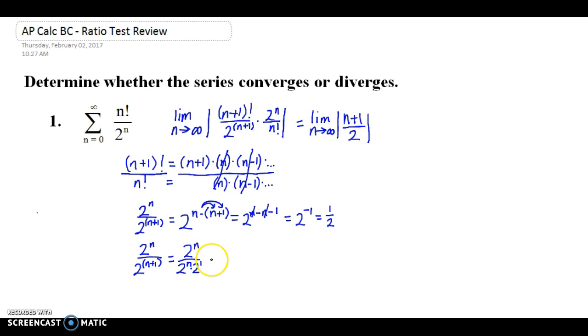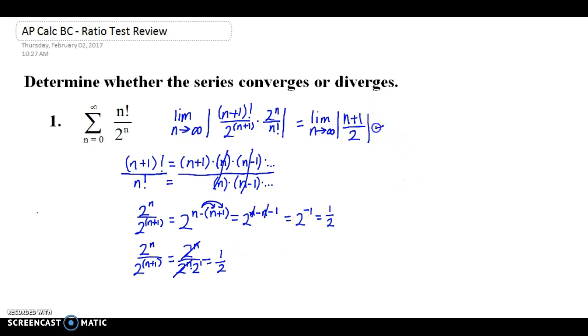By writing it this way, you can see pretty easily that the 2 to the n's cancel out and become 1's, and you're left with that 1/2. Both ways are equally useful. Either way, you end up with the same result.